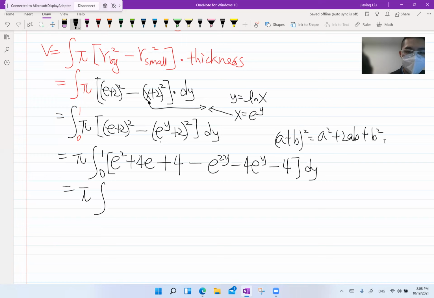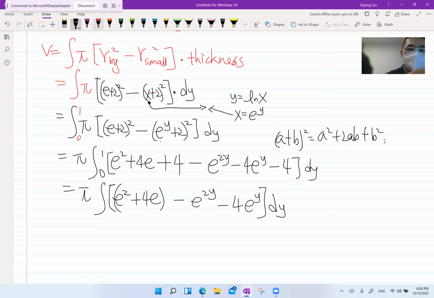The pi is still outside. We get e squared plus 4e. Those are the constant terms. There's no y, no x, nothing, so they're just constant. And then minus e to the 2y minus 4e to the y dy. So my last comment is that this is a constant.